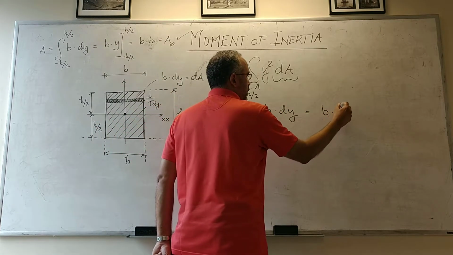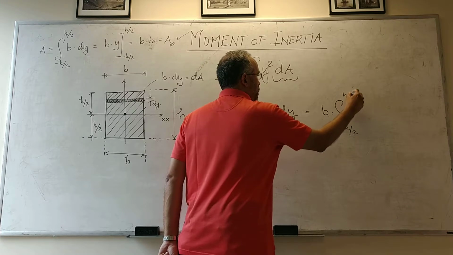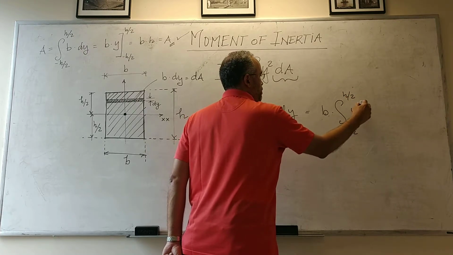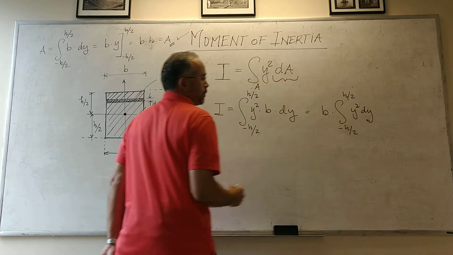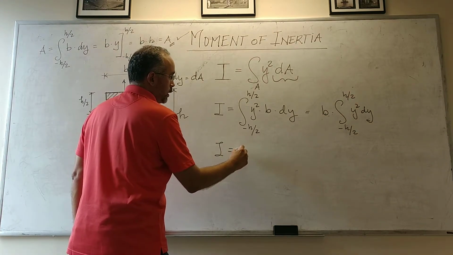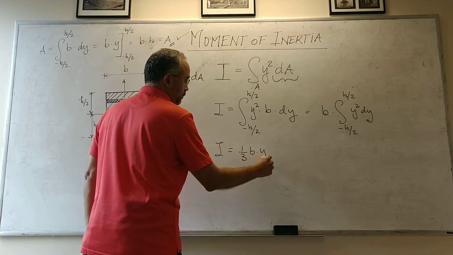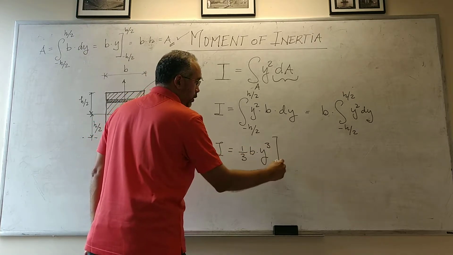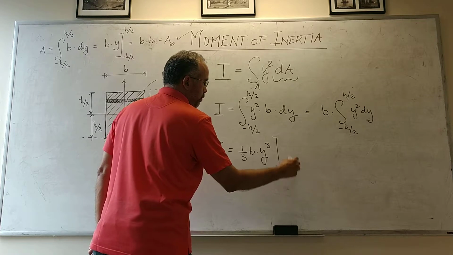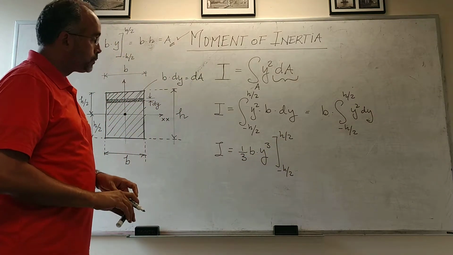Basically, we have b times the integral of y squared, which gives you 1/3 b y cubed from minus h over 2 to h over 2.